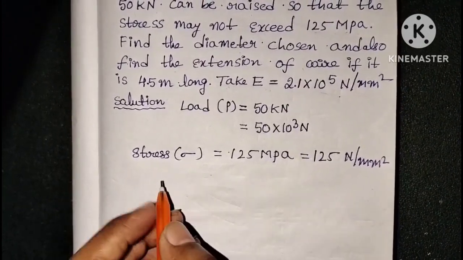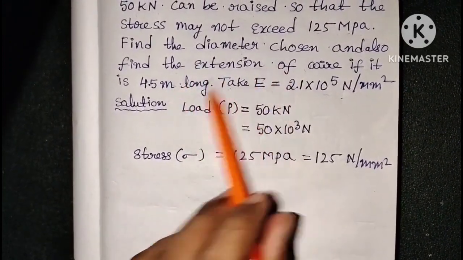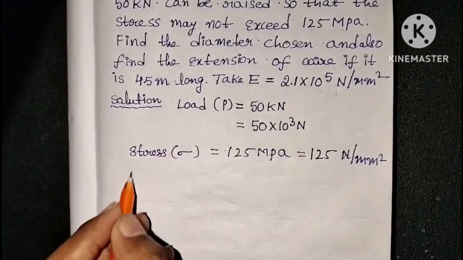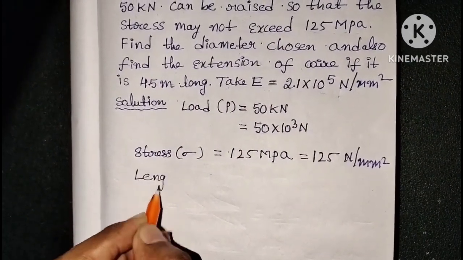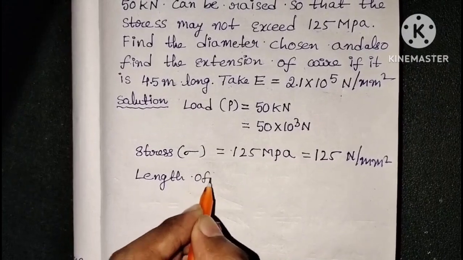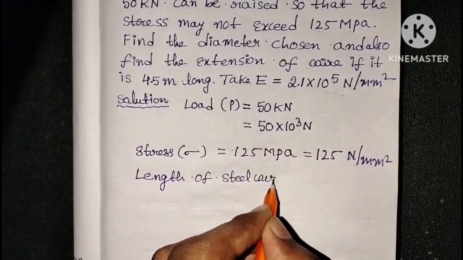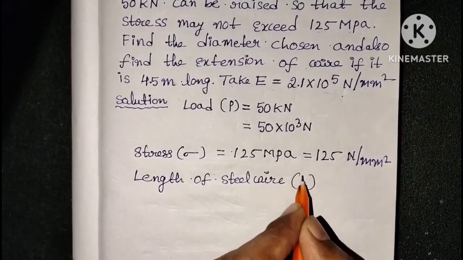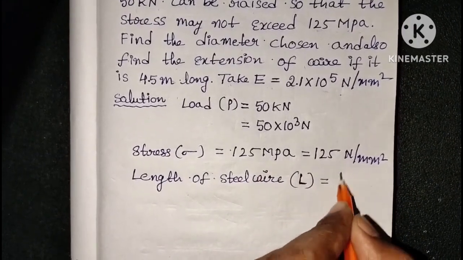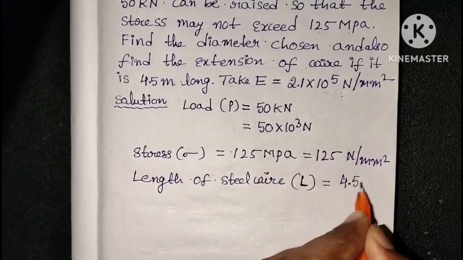Next, he also given the length of the wire. So length of the steel wire, denoted by capital L, is equal to 4.5 meters.